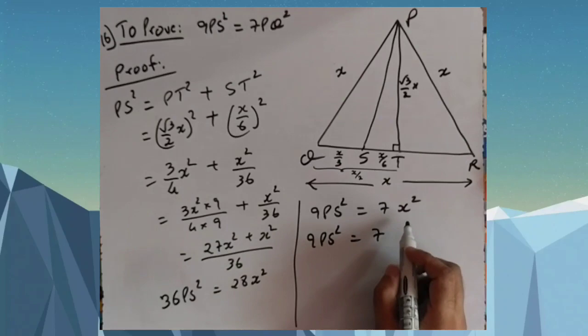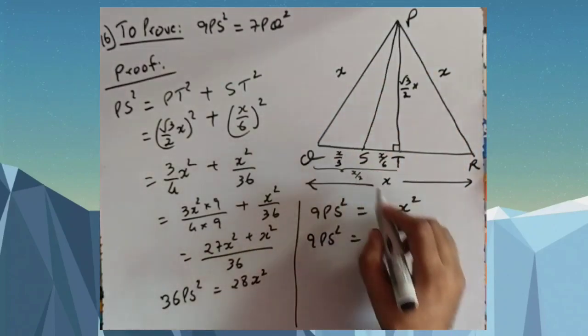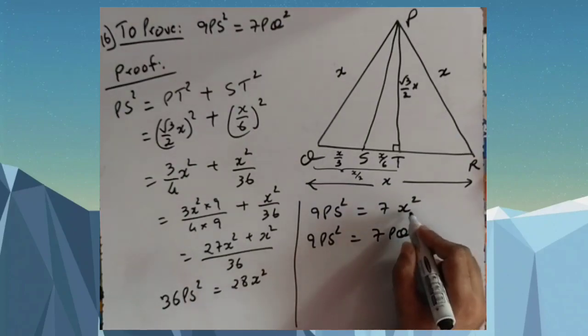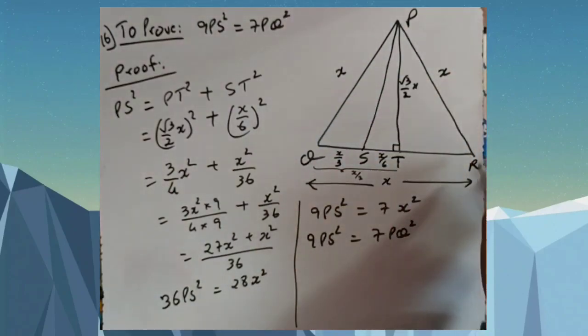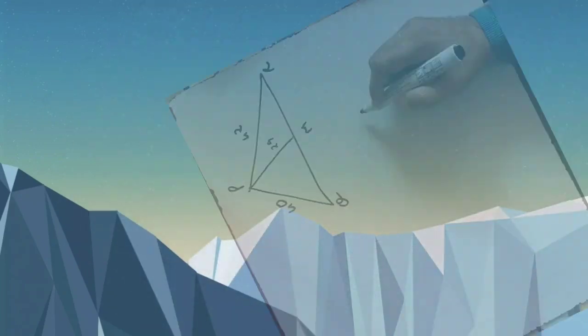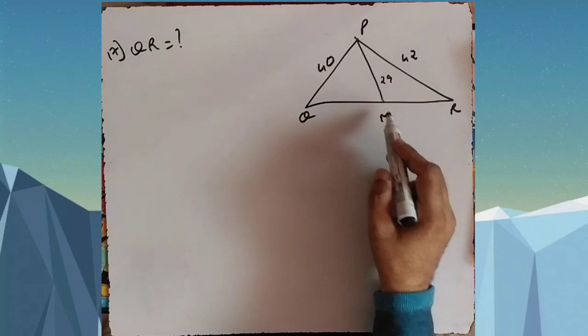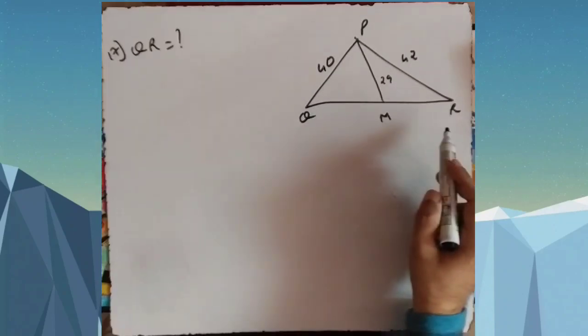X can be again replaced by PQ because x was assumed as the side of the equilateral triangle, as it is proved.